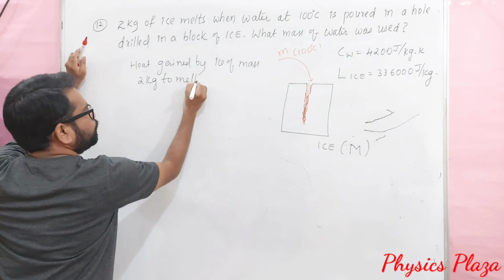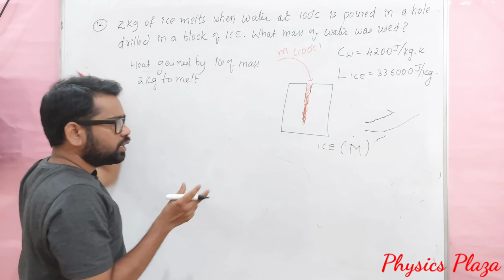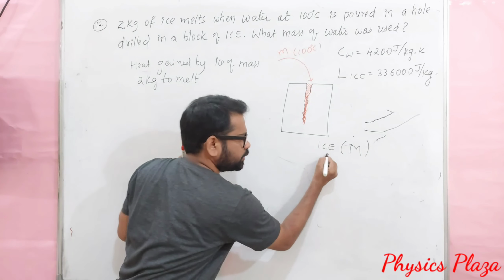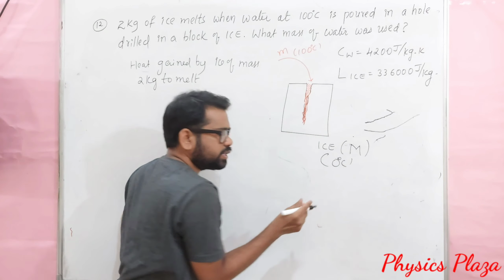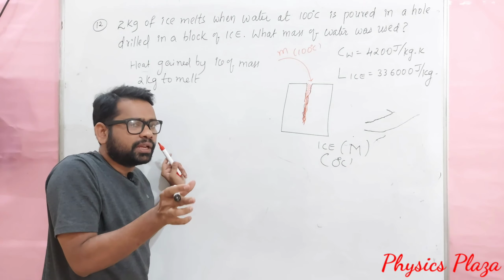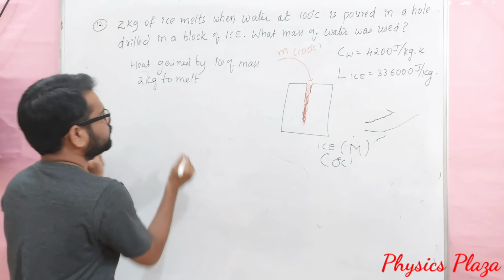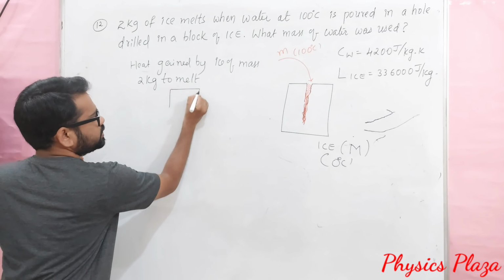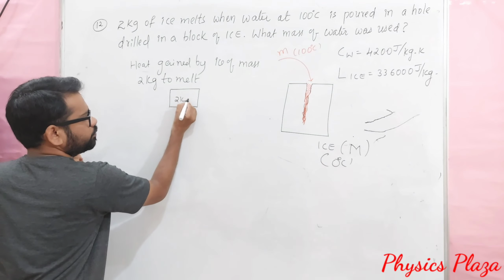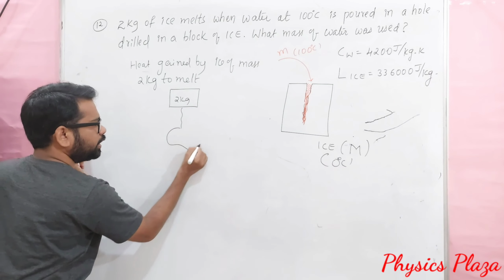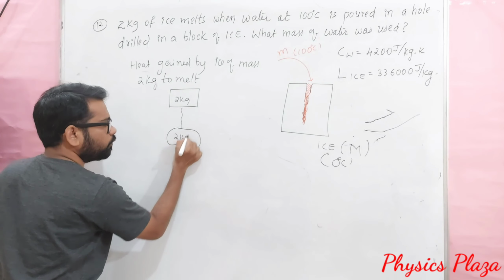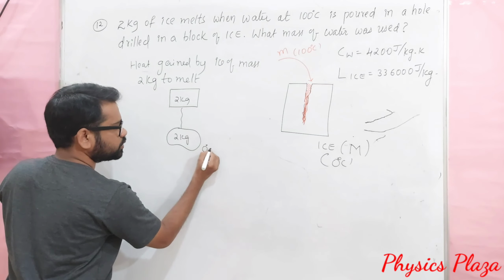Initially it is expected to be at 0 degrees Celsius. So 0 degrees Celsius ice is melting into 0 degrees Celsius water. Only 2 kg is melting into 2 kg of water, at 0 degrees Celsius only.